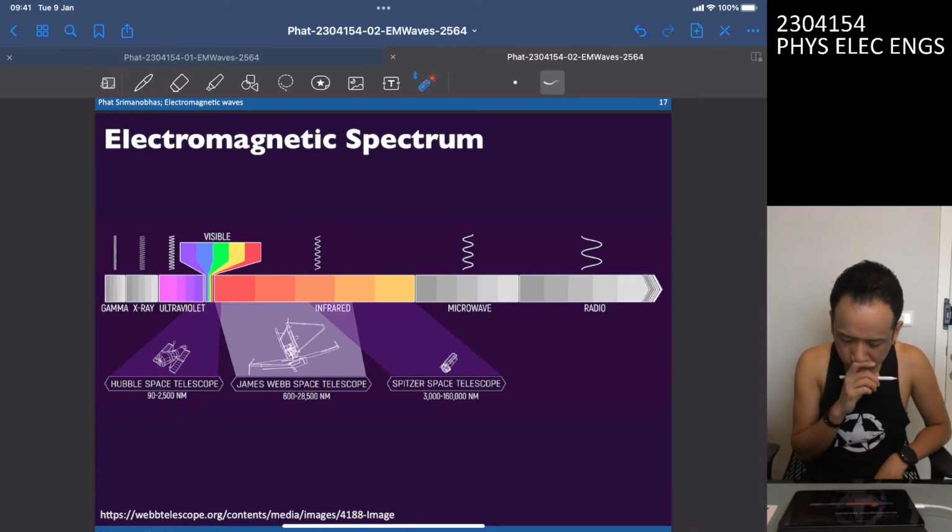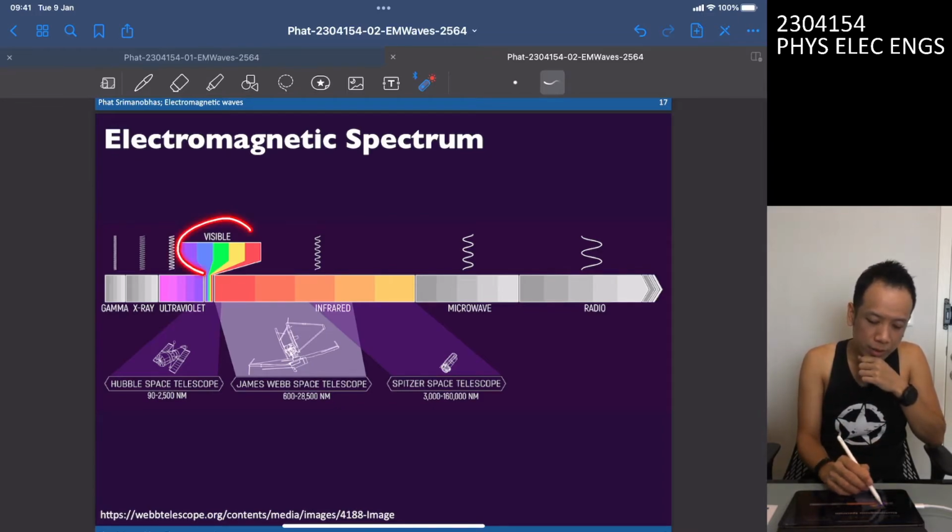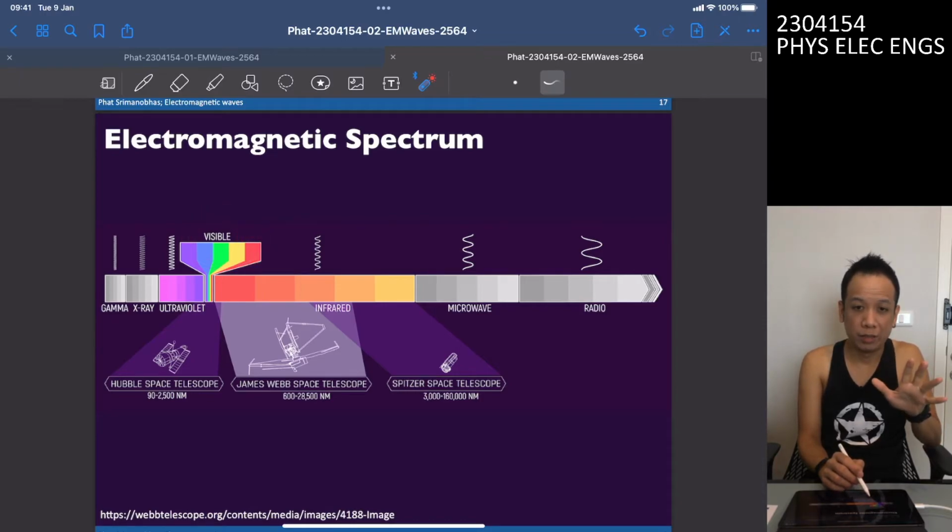Okay, and then what you also know is that we can sense the wave in only a very limited wavelength range. For humans, we are sensitive to the visible light because we can see the light. We may sense the infrared because we can feel hot.